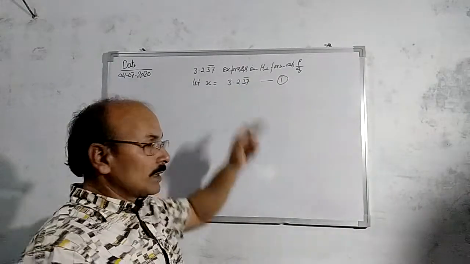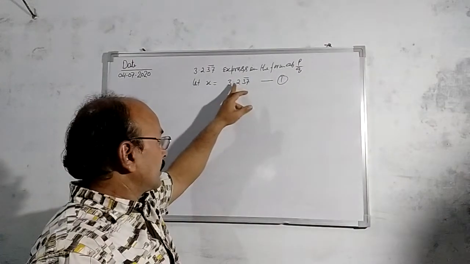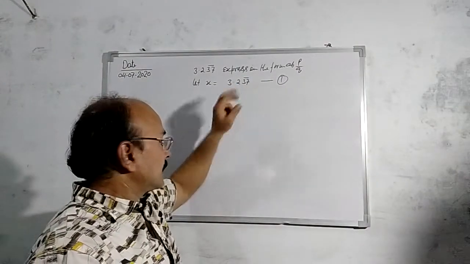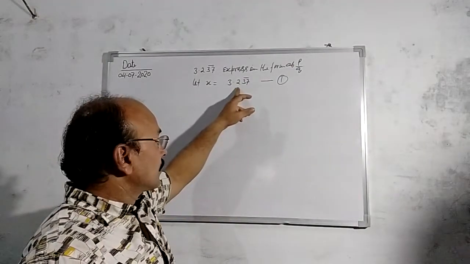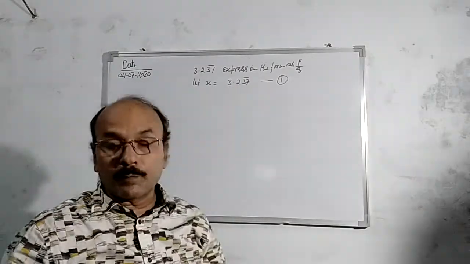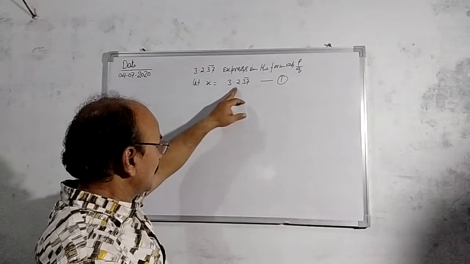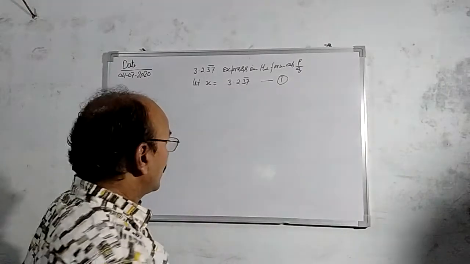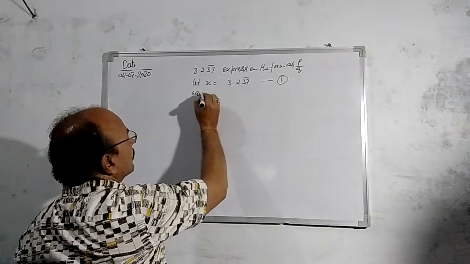So equation 1 multiplied by 10. If there are two digits between the decimal and the repeating digit, then this equation is multiplied by 100. If there are three digits, then equation 1 is multiplied by 1000. So there is only a single digit between the decimal and the repeating digit, so equation 1 multiplied by 10.